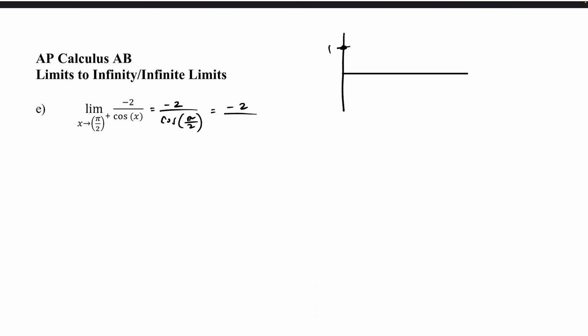If you're thinking about the unit circle, the coordinates at 0 are 1, 0, and cosine is always the x coordinate.